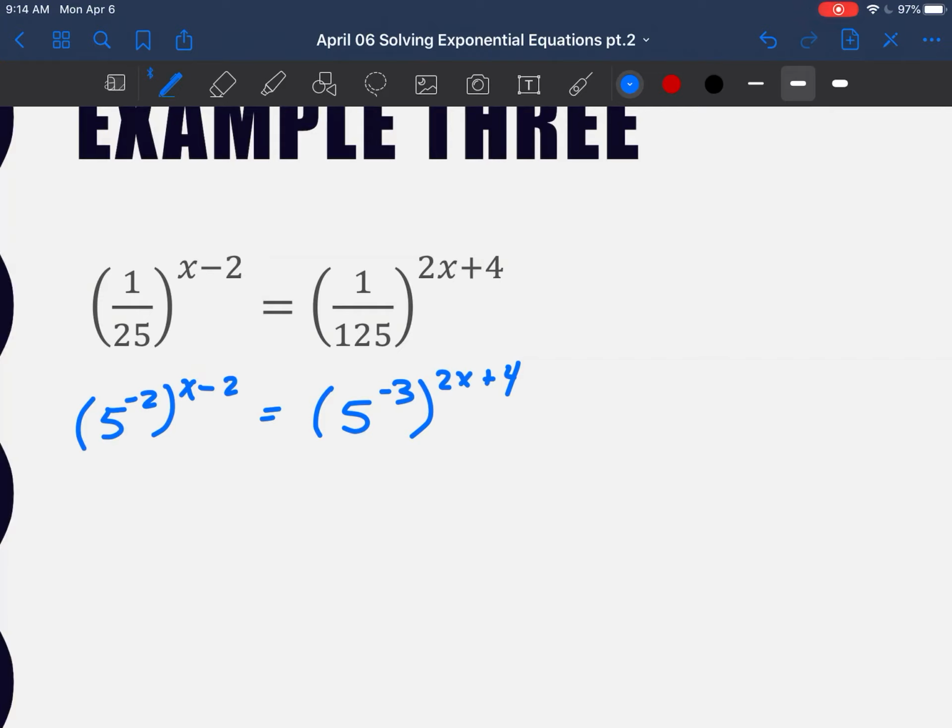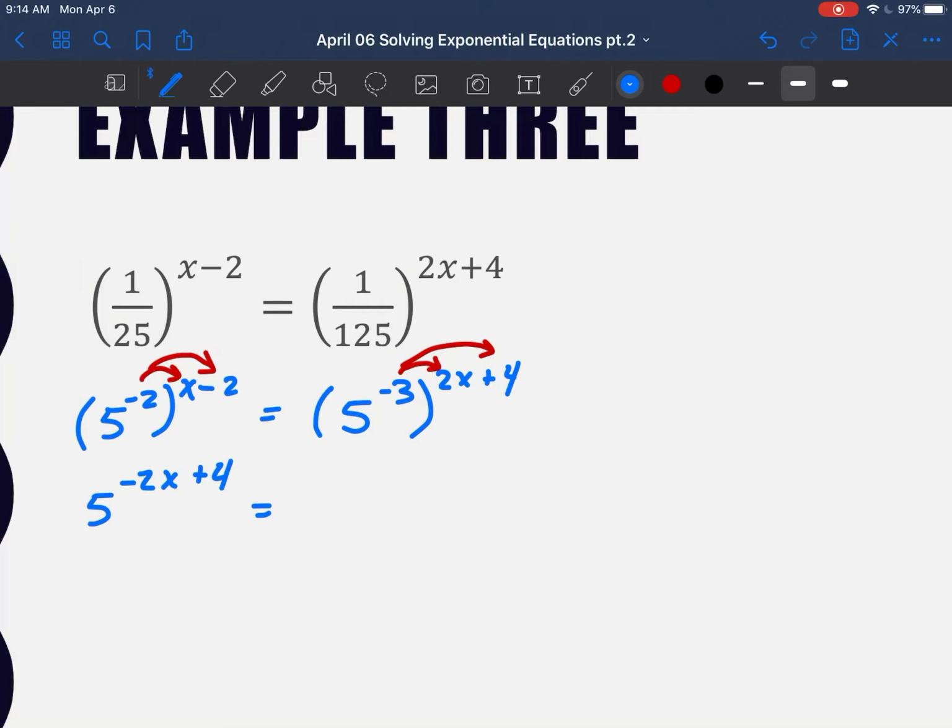Now, I know these exponents because I've done them so often. You might have to use a calculator to figure it out, or honestly, chances are you've seen these numbers so often by now that you've already caught on. So make sure you use the distributive property. Then on the left side, it's 5 to the negative 2x plus 4, because negative times negative.